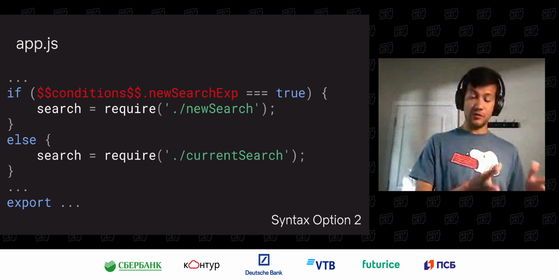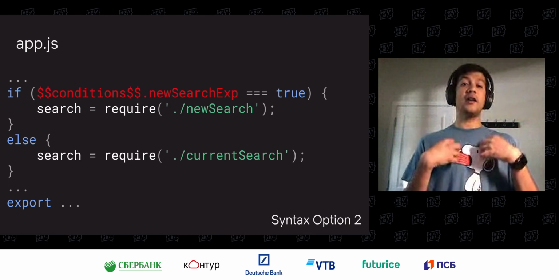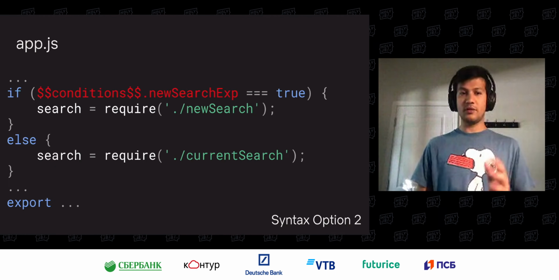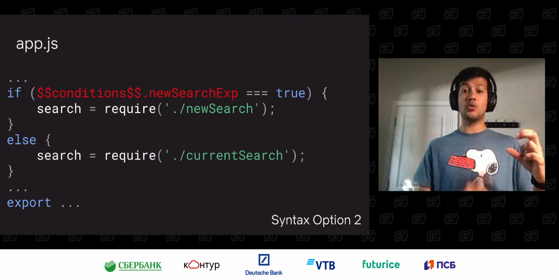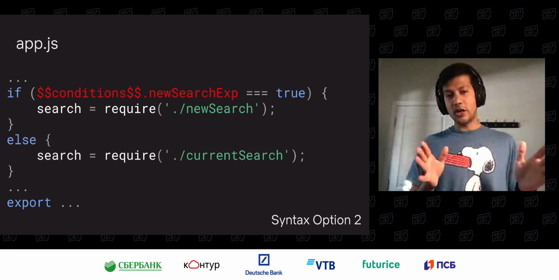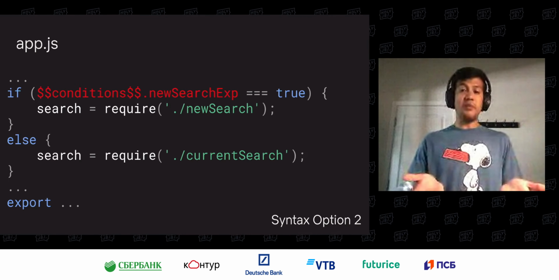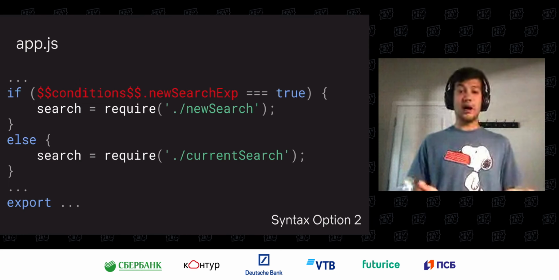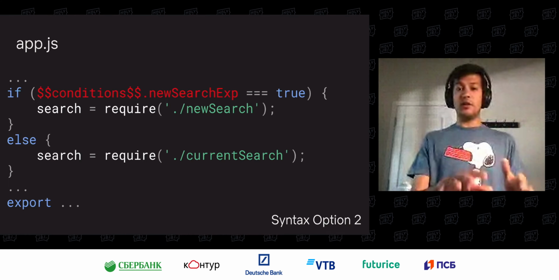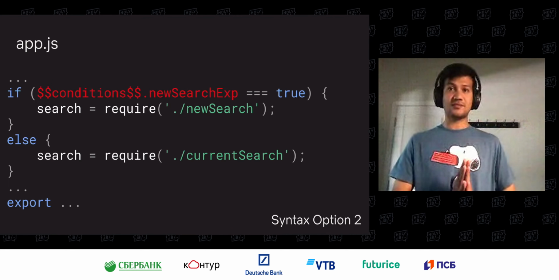In the first syntax that I showed you, the file itself is saying the reason when it should be included, versus this second option where the parent file is trying to figure out which file should I be importing. And I know this $conditions keyword sounds really funny, but this actually makes our engineers' eyes pop out when they look at the code, and it makes it very clear, saying, okay, hang on, this is something different. Oh, this is a conditional module, right?